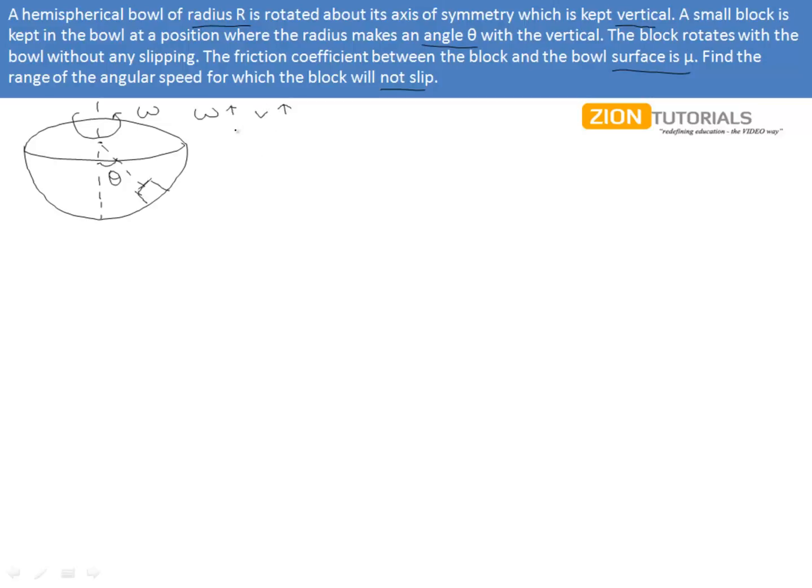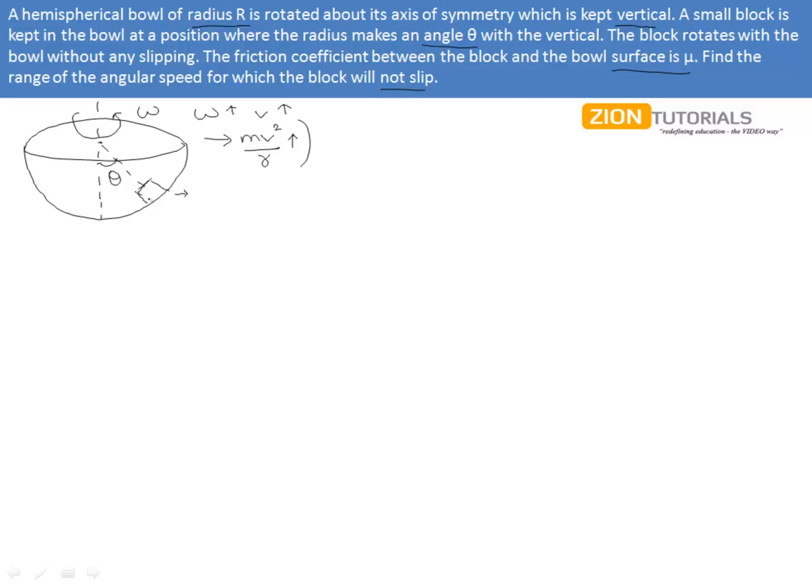And if its velocity increases, then with respect to this bowl, the centrifugal force acting on this block outwards, which is mv square by r, is going to increase because v is increasing. So it will have a tendency to move outwards. Now how can it go outward?